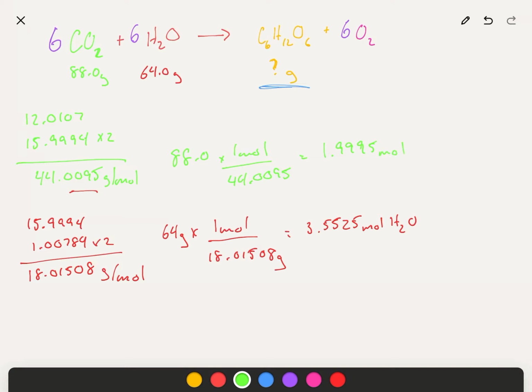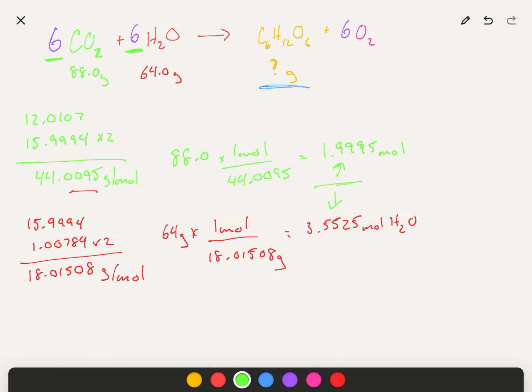Now, like I said in the last video, there are a bunch of different ways you can determine the limiting reactant. This one is pretty easy because our two reactants both have the same coefficient, which means that for every 1 mole of carbon dioxide that reacts, you have to have 1 mole of water to react with it. So we can simply compare these two numbers and say which one's smaller.